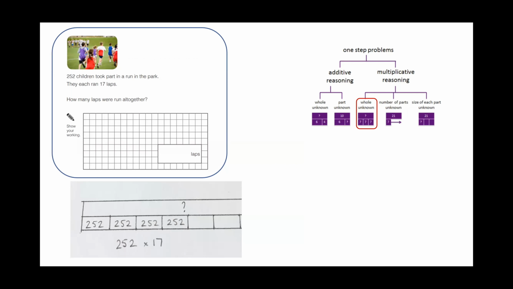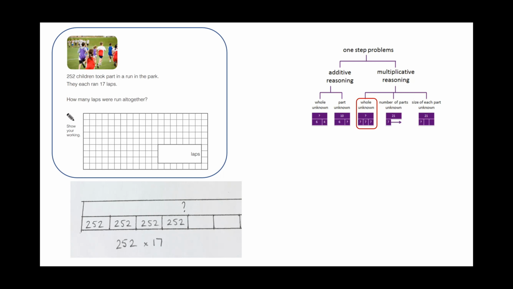In this question, again, the only mathematical language to support me is altogether. The context is something that will be familiar to most children. They understand what running laps means. So here I think again, what's known and what is unknown. Can I draw something to support me to understand what the question is asking me to do?